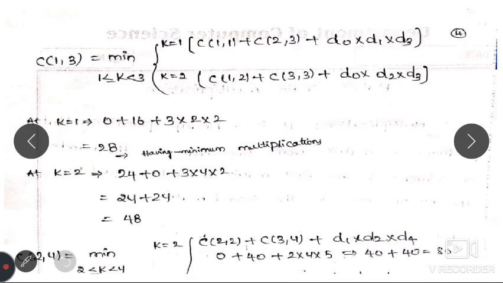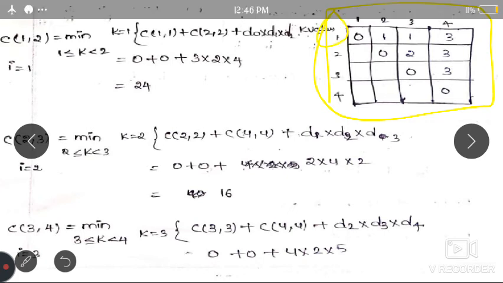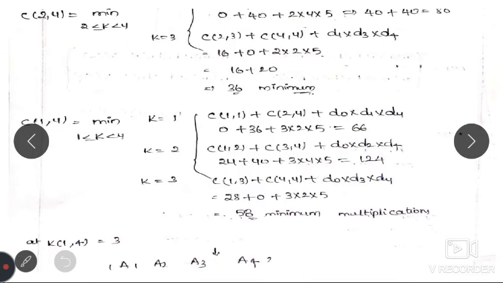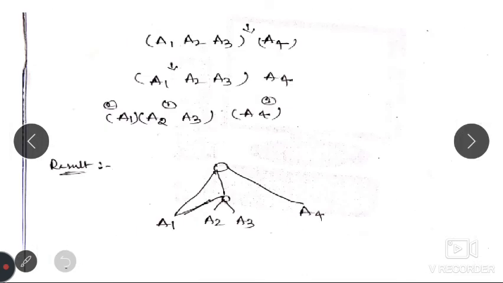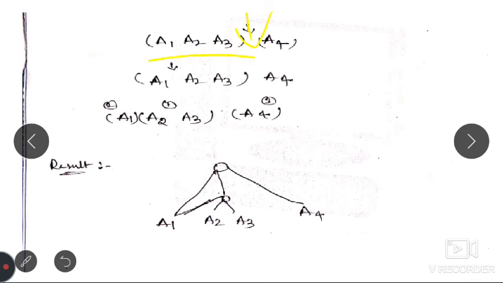If we see this table of k values, at 1 to 4, k value is 3. So in these 4 matrices, we put the split at the third position. First we multiply these matrices and the result matrix with A4.